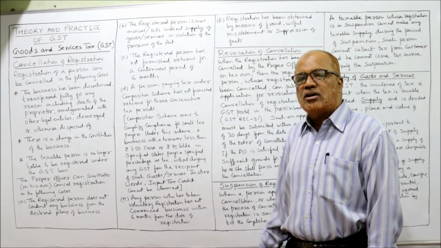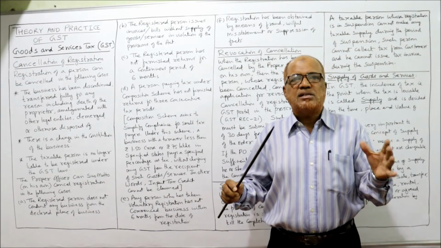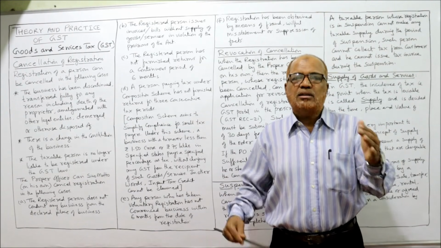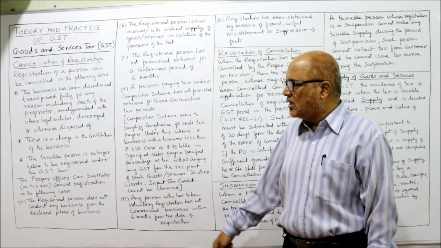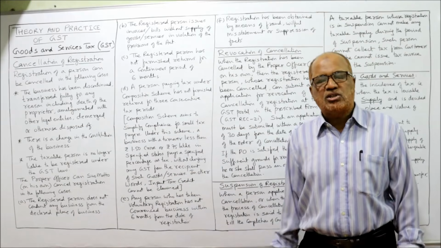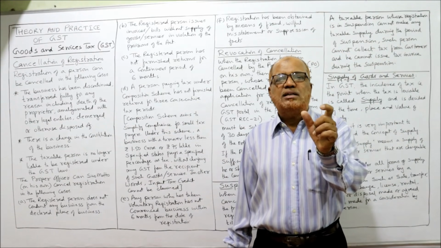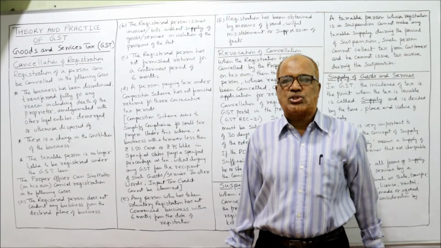Secondly, there is a change in the constitution of the business. If the constitution of the business has been changed, then the registration will be cancelled. Third one, the taxable person is no longer liable to be registered under the GST law. The GST law has given some criteria for when a person will be registered.